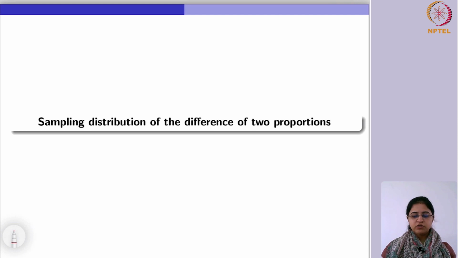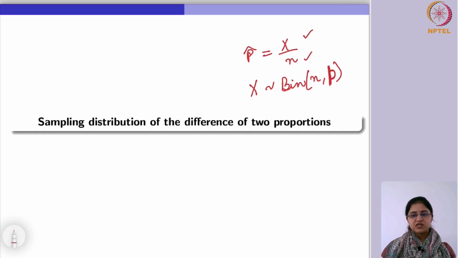Sample proportion found out, and we denoted sample proportion by P hat, where P hat came out as X by N, and X we said is a binomial random variable with parameters N and P. If you remember, N is the total number of individuals, and X are those individuals who have that characteristic. So basically, it acts as a binomial random variable, and studying this is equivalent to studying this binomial distribution.